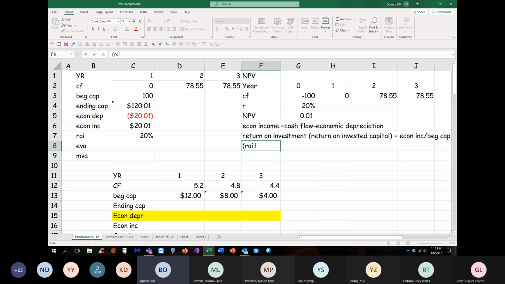ROI, okay, minus your WACC, or your cost of capital. In this case, it's the WACC, times your beginning cap.